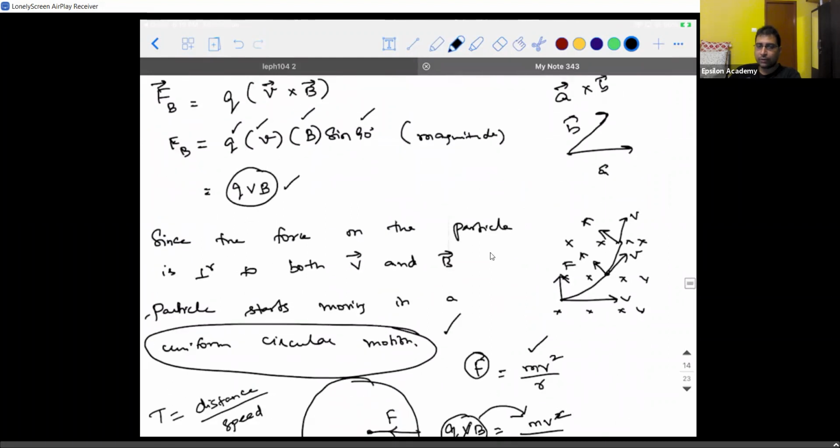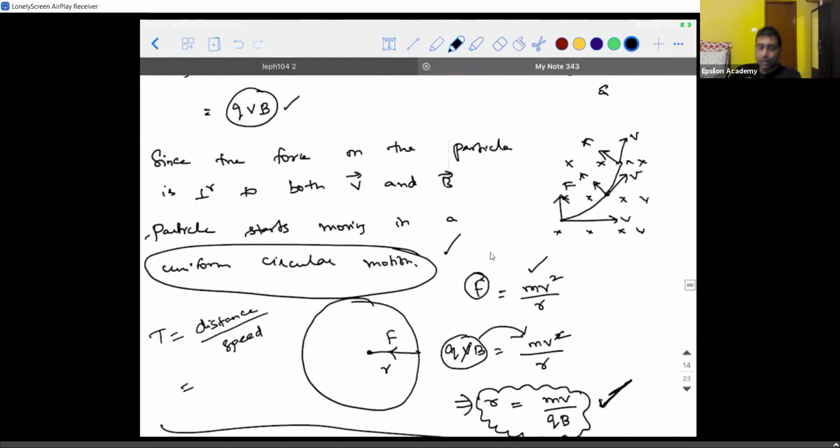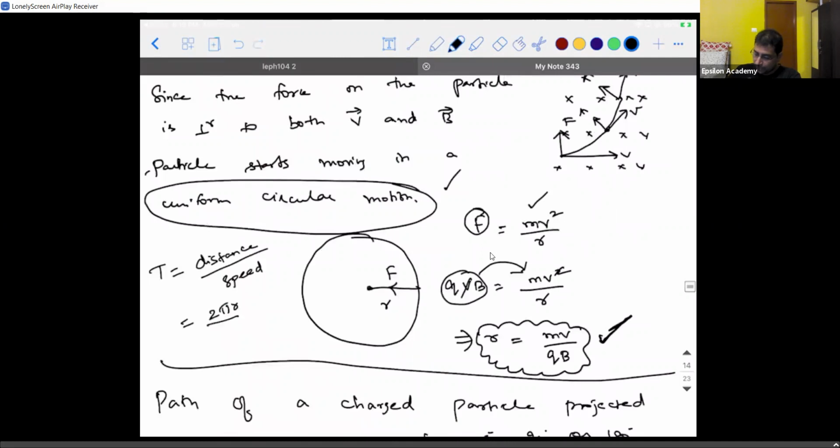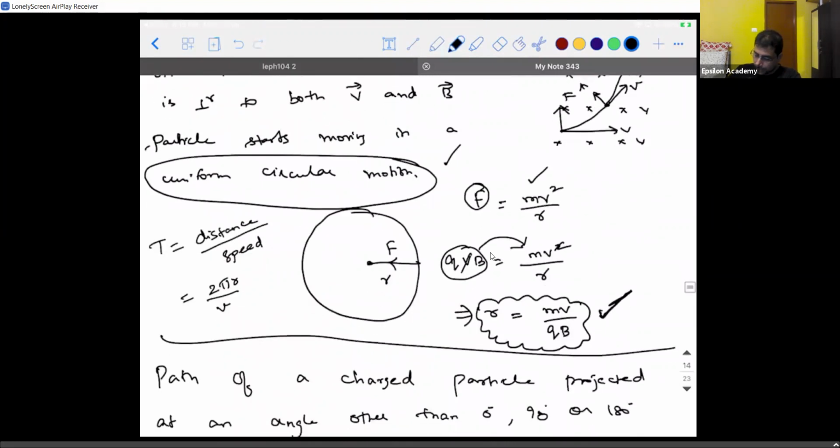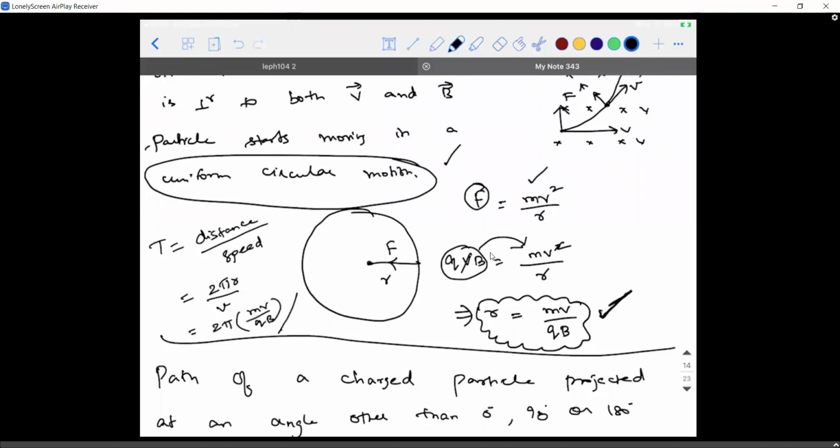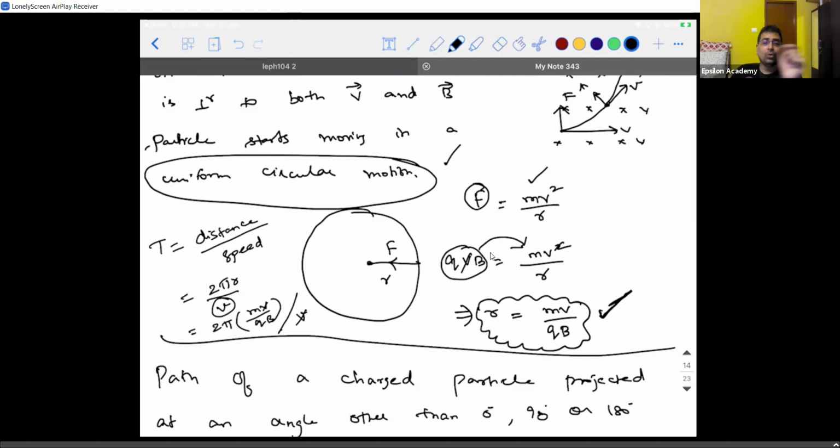How much is the distance traveled by the particle? Is it not 2 pi r? In one complete revolution, it completes a circle, 2 pi r, divided by the speed of the particle, v. This is going to be 2 pi into r, where r is m v divided by q B, the whole divided by v. So v and v will get cancelled. It is going to be 2 pi m divided by q B. Please make a note of this point.